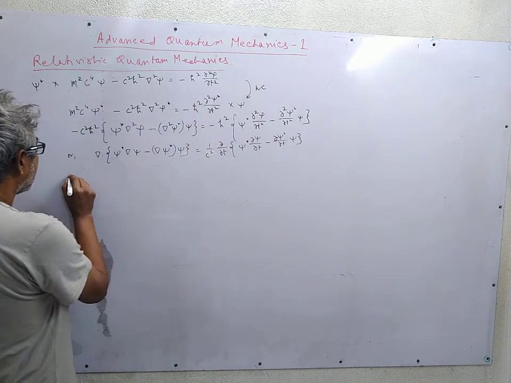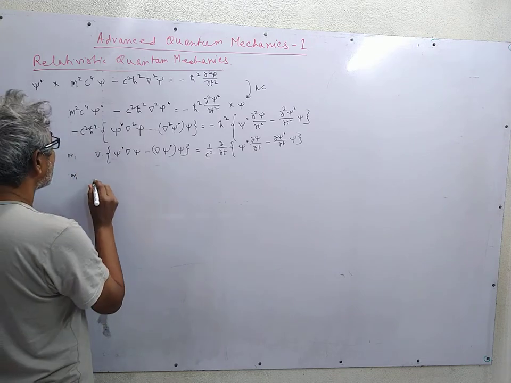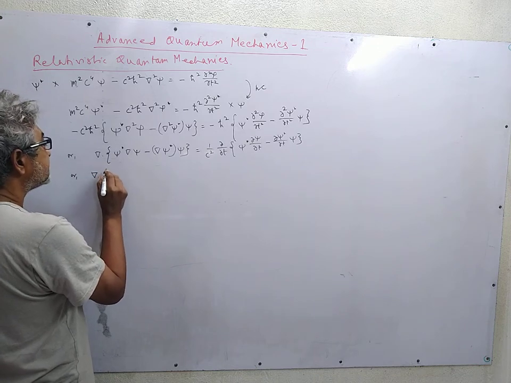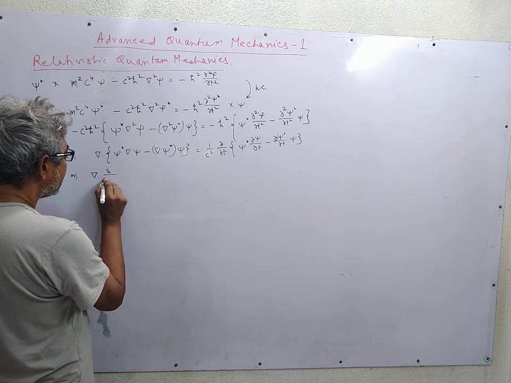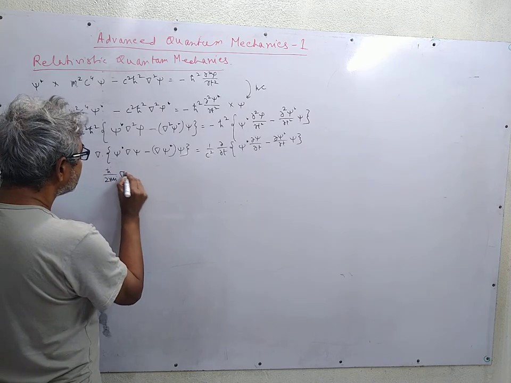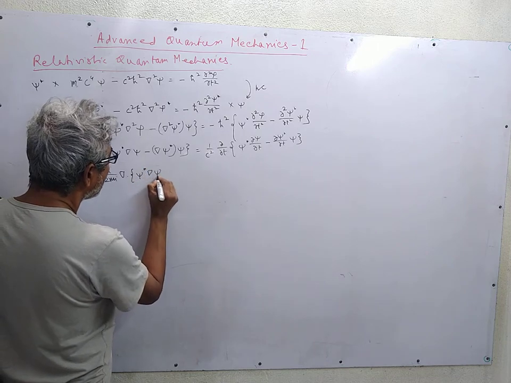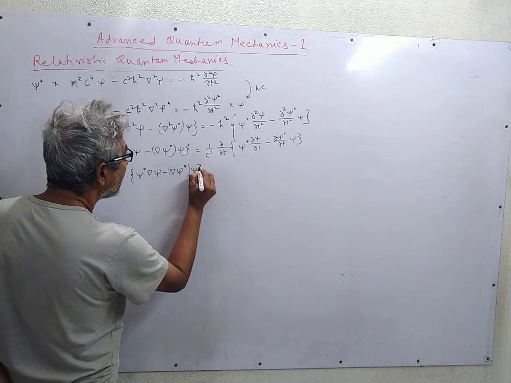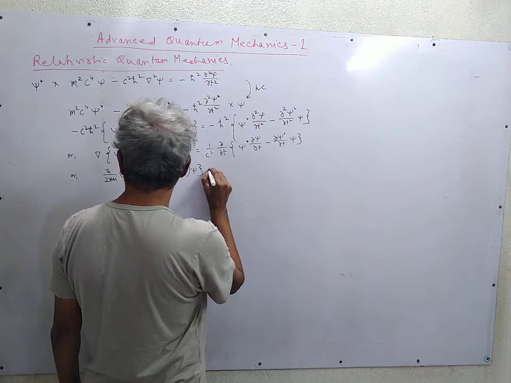Recall the probability current density that we introduced in our class on non-relativistic theory. It is the divergence of J, that is, we write h cross by twice mi. This quantity is J, and we adjust the same thing.